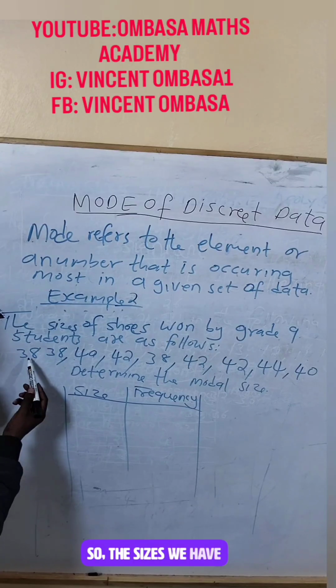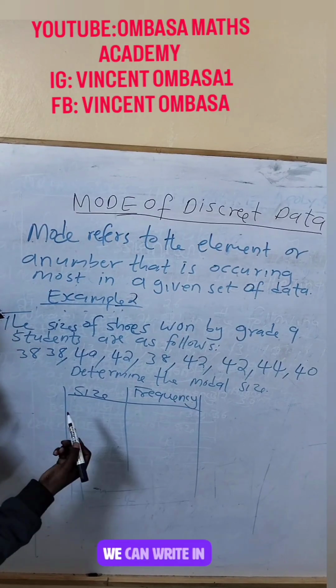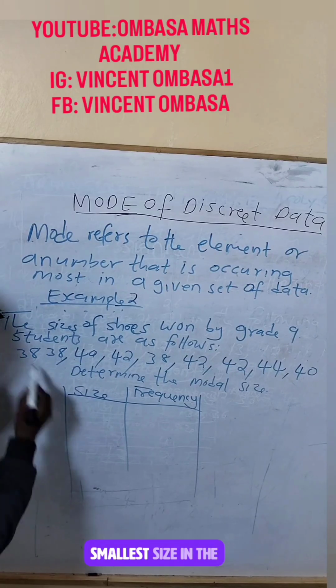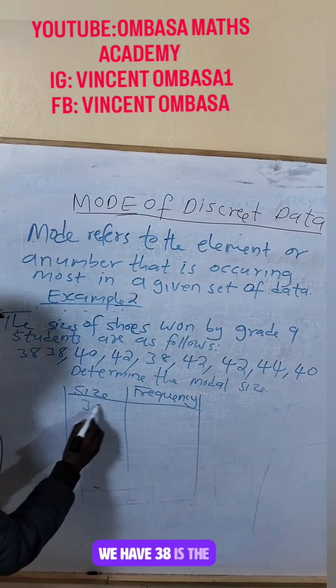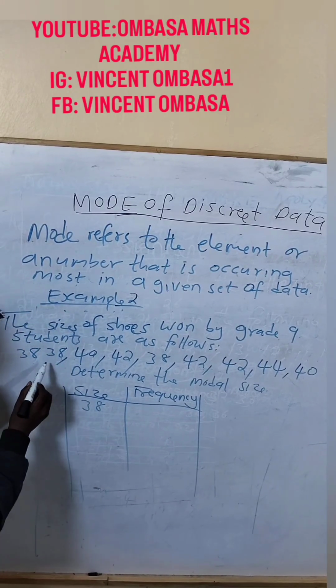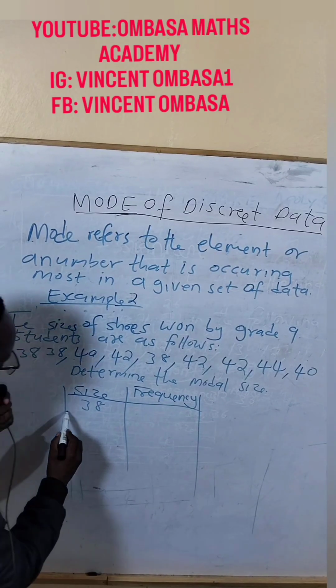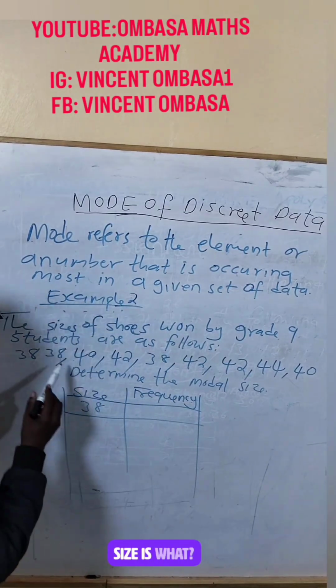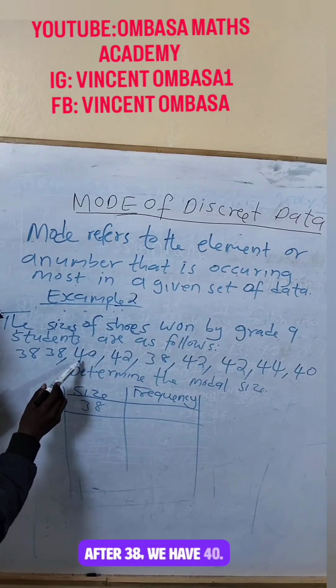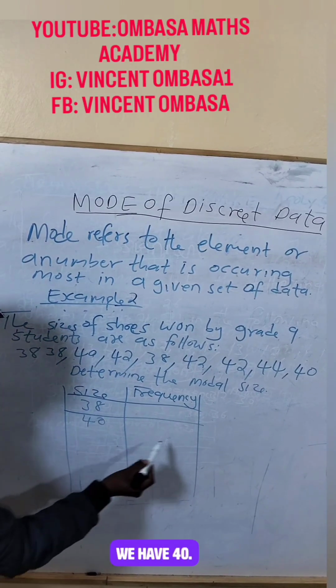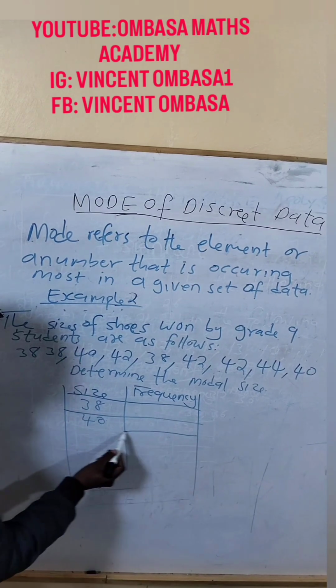So the sizes we have here, we have 38. We can write in ascending order. Let us start with the smallest size in the data. We have 38 is the smallest. Yes, that is appearing several times, but write it once. Then you go to the next size. After 38 we have 40.